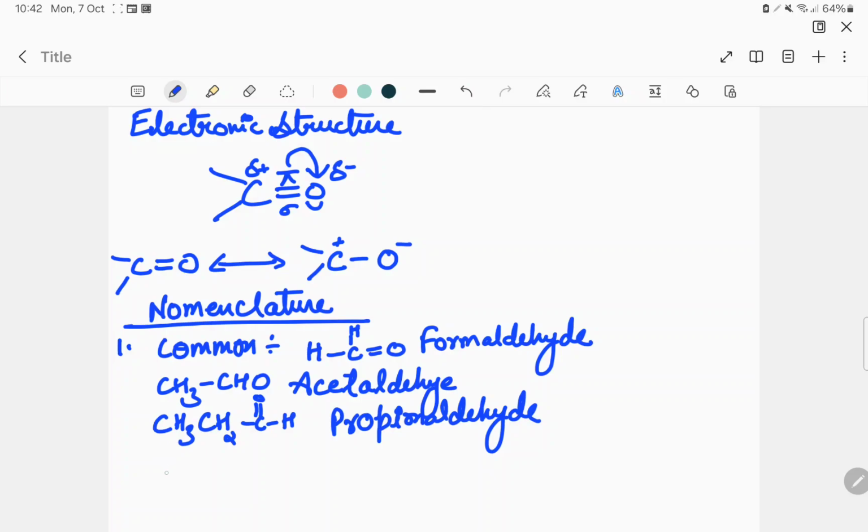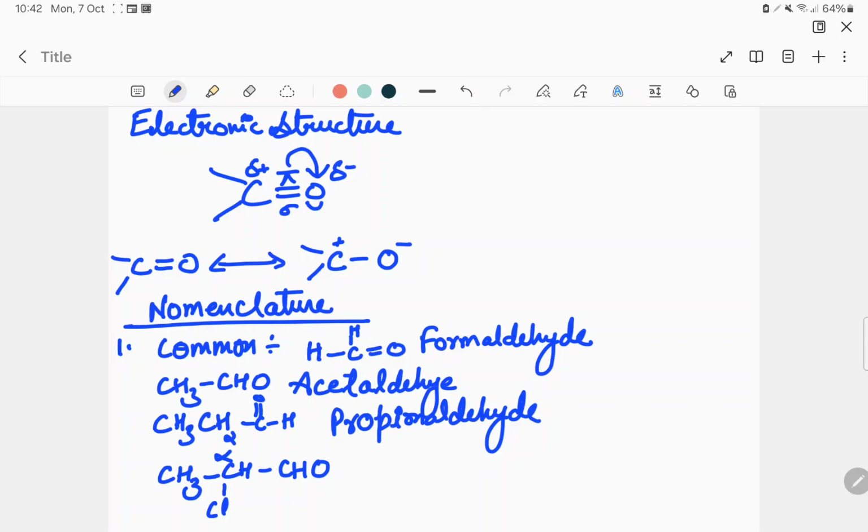Then we have a compound of the type where this is the alpha carbon atom. It is named according to the alpha carbon atom.